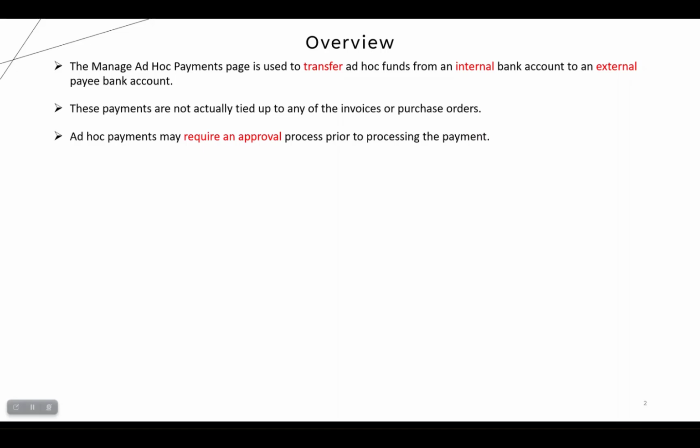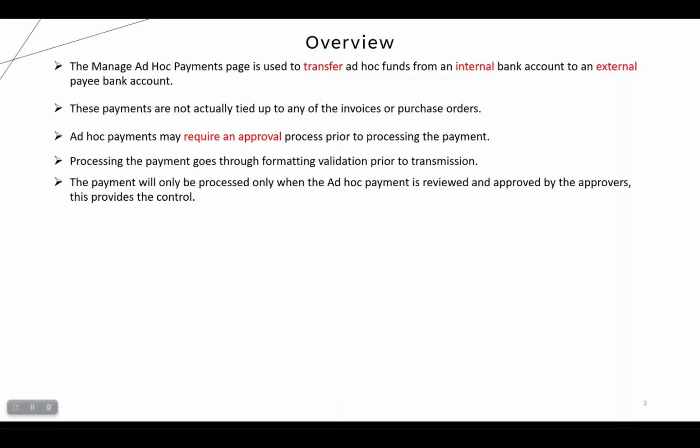Ad hoc payment may require approvals, which act like a control for any ad hoc payment made in our system. Processing the payment goes through formatting and validation prior to transmission. The payment will only be processed when the ad hoc payment is reviewed and approved.